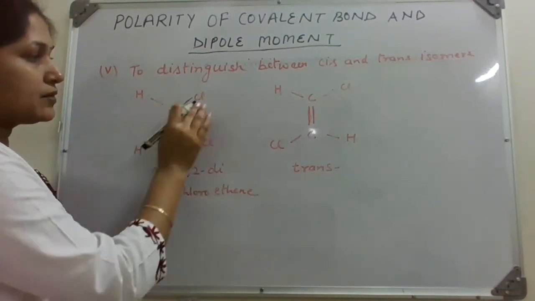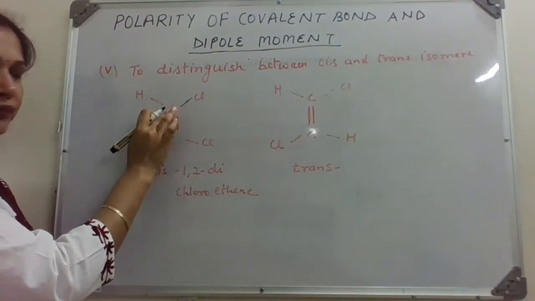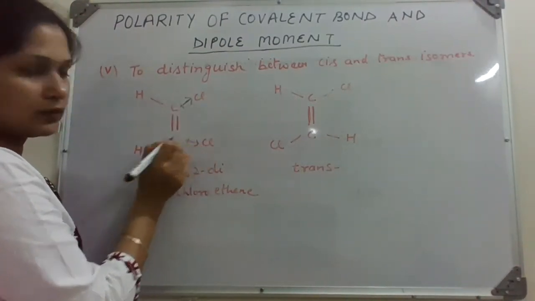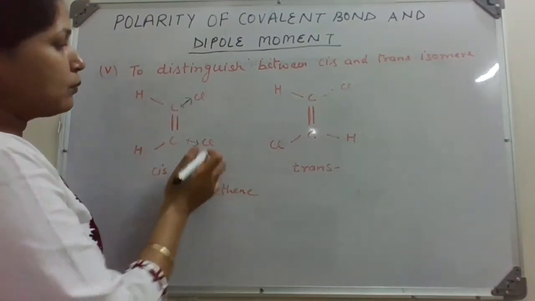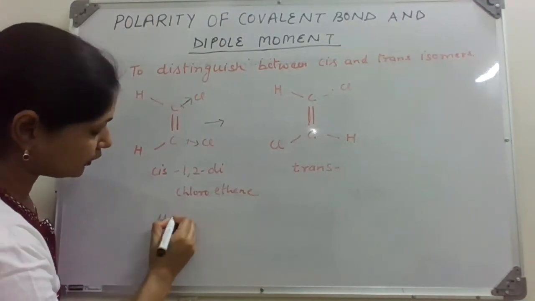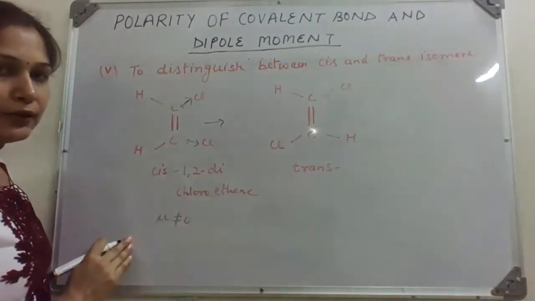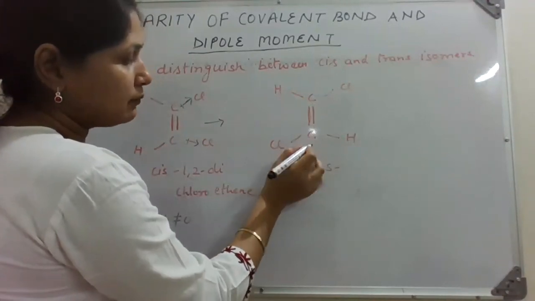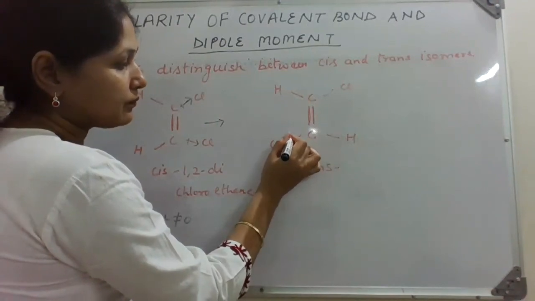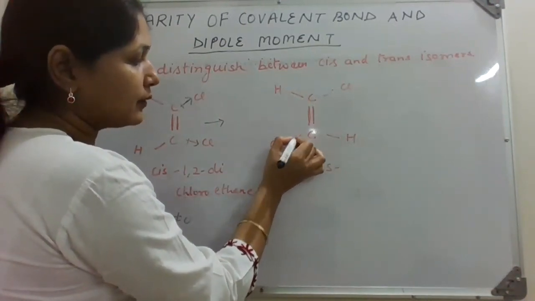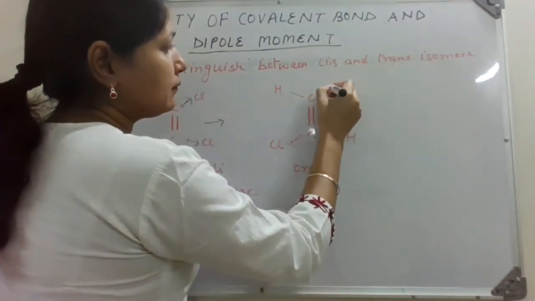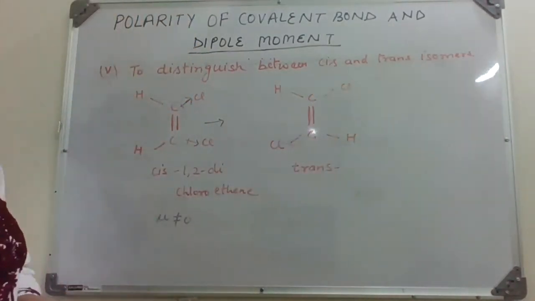If we see dipole moment because of this CCl bond, since chlorine is more electronegative than carbon, the dipole moment will be in this direction. Same for this bond. The resultant dipole moment will be in this direction. In this case, the dipole moment of the molecule is not equal to 0. It has some value. Here in the other case, the dipole moment of this CCl bond is towards this chlorine, because chlorine is more electronegative than carbon.